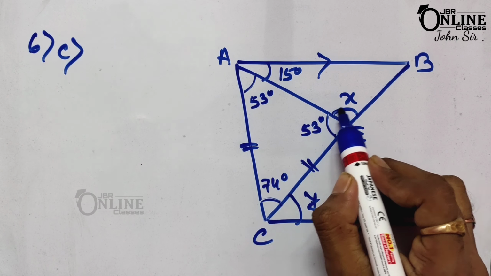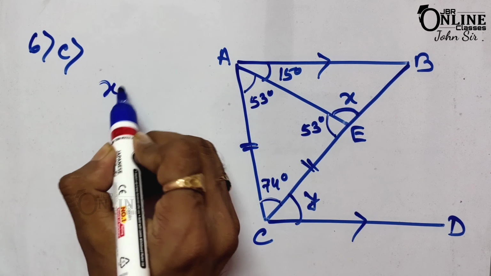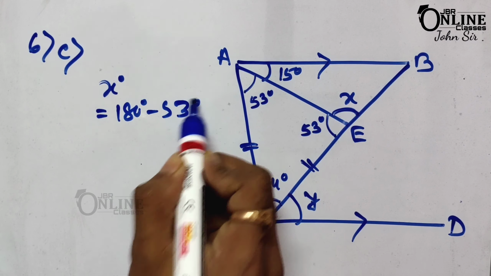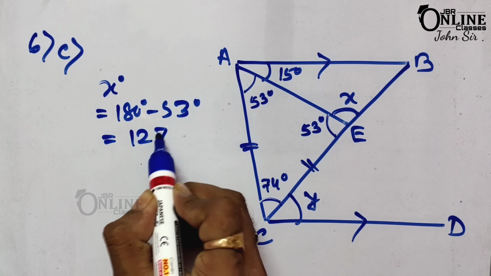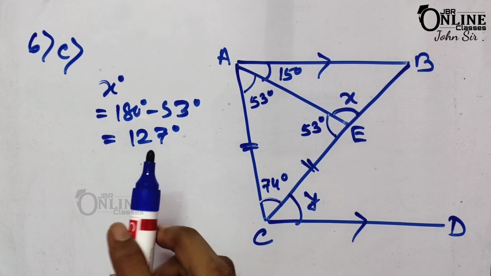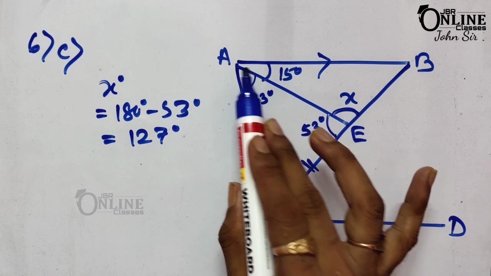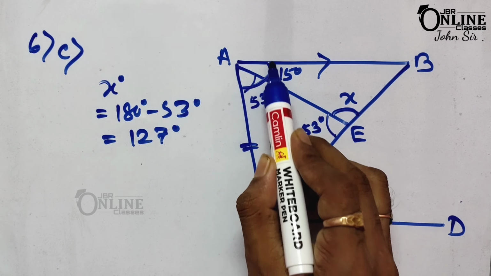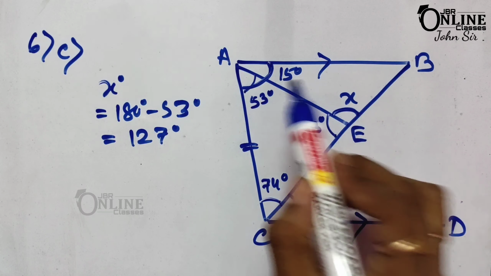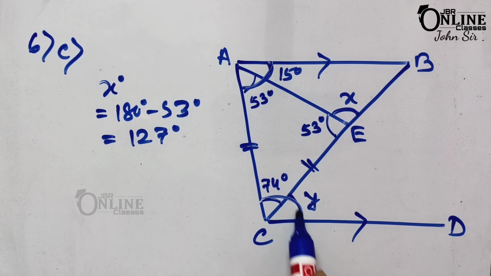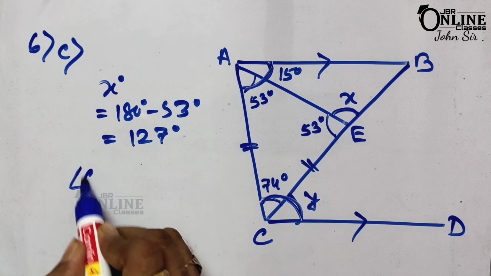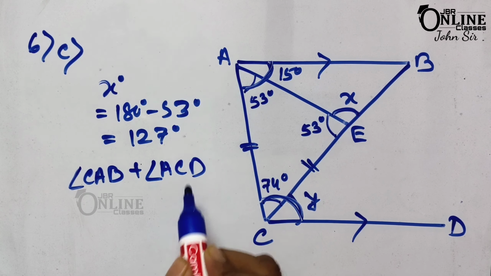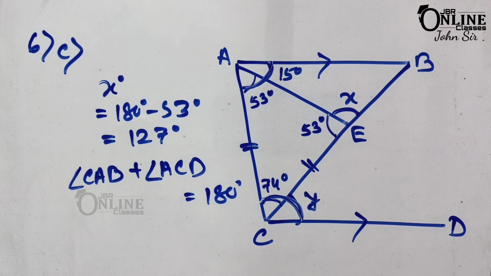So from that you can easily find out the value of X. So here X degrees equals 180 minus 53 degrees and that equals 127 degrees. So this one is your first answer. And as AB is parallel to CD, then definitely the addition of angle CAB plus angle ACD equals 180 degrees.